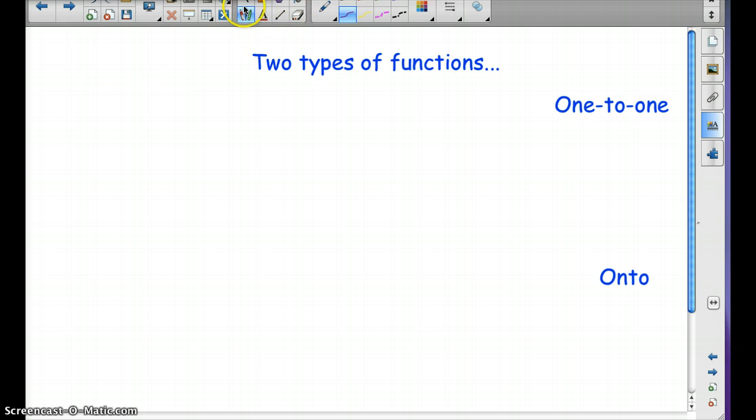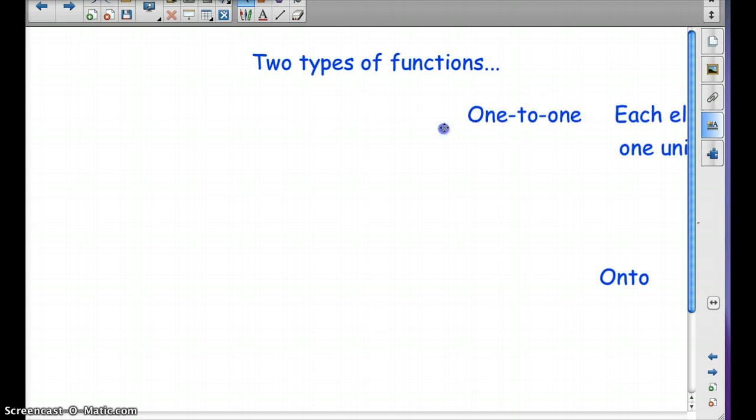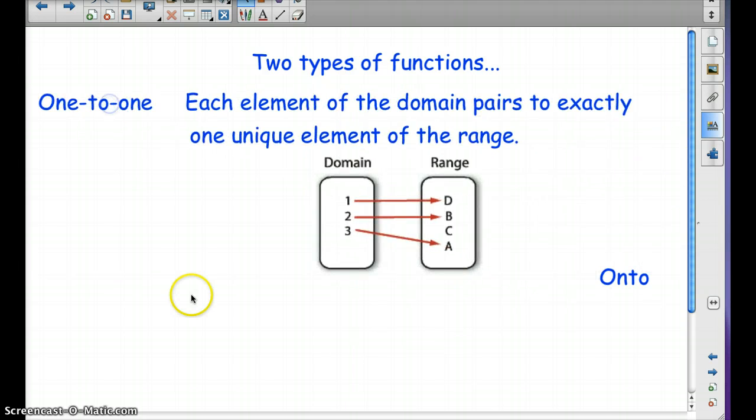So there's two types of functions that we need to look at. The first one is one-to-one. So you might want to pause the video and write this down. One-to-one is exactly how it seems. One element of the domain pairs to exactly one unique element of the range, meaning the domain is not sharing any of the range.